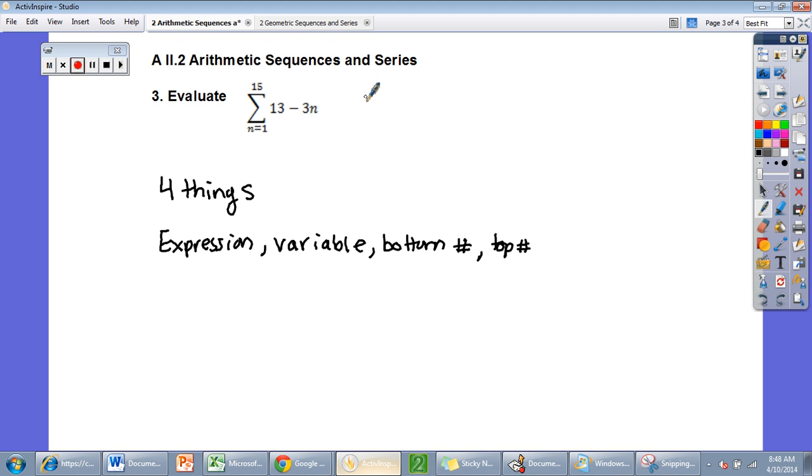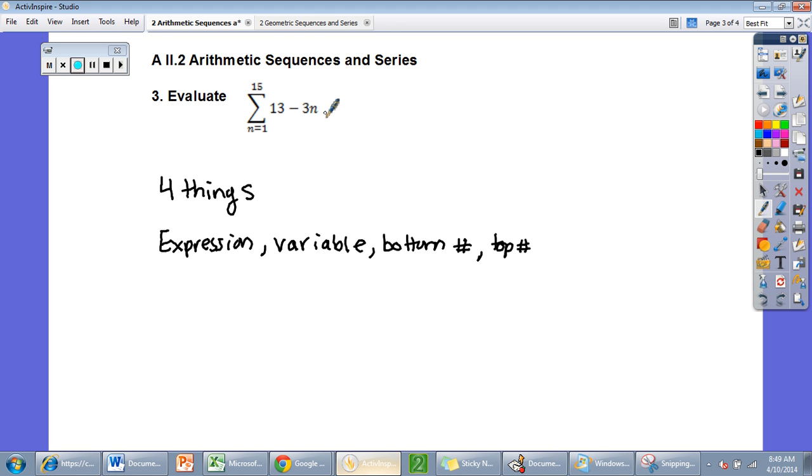A lot of times you'll see a question like this on the SOL that says evaluate. I'm going to show you how you can use your calculator to do this for you. This 13 minus 3n is the formula for your sequence, and the n equals 1 to 15 is telling you you're adding the first 15 terms in your sequence together.